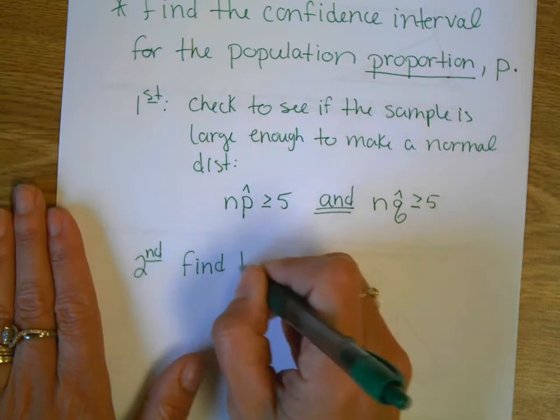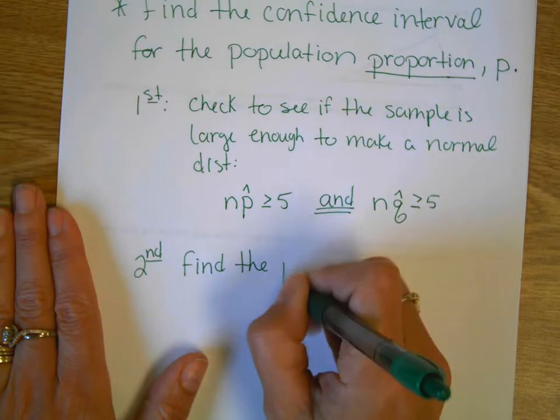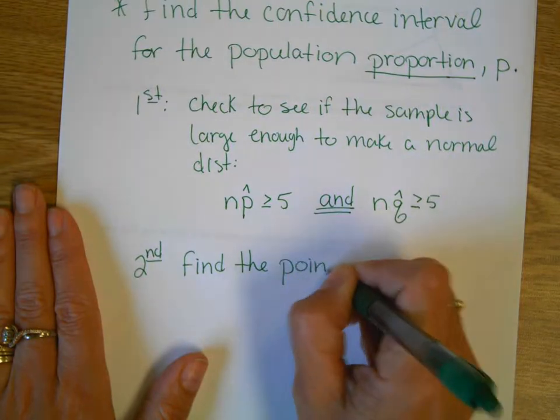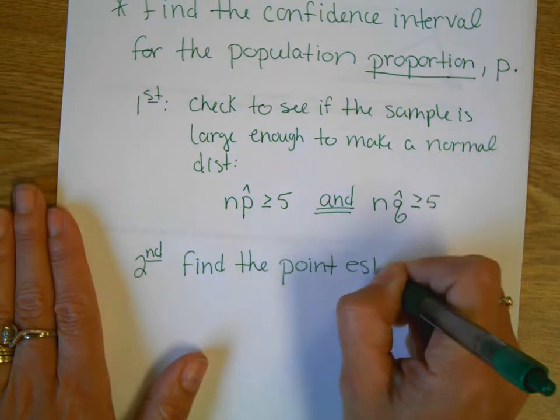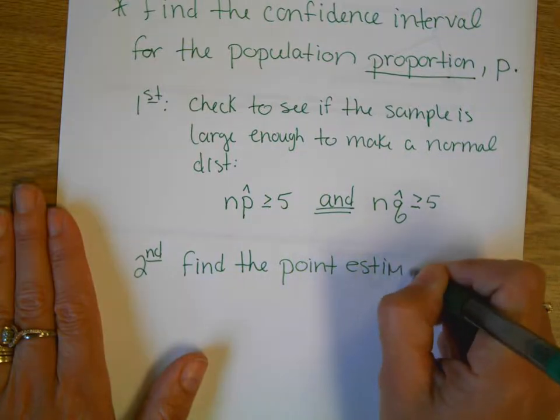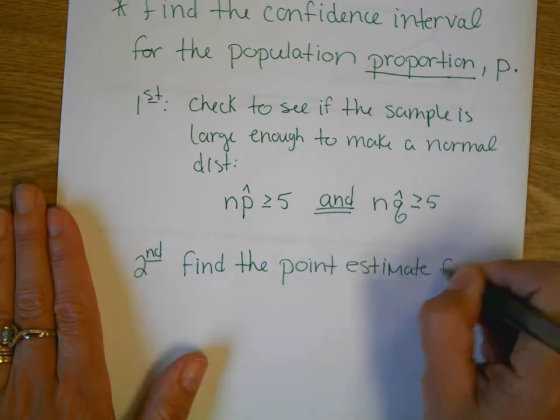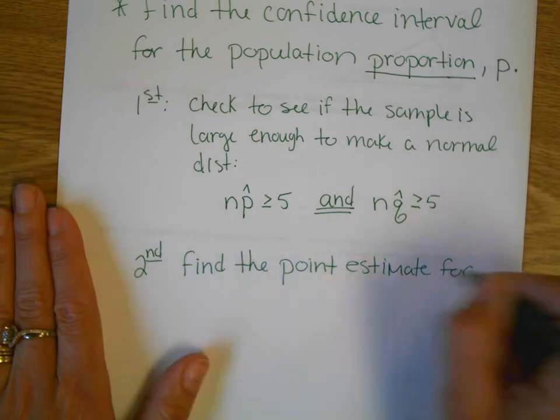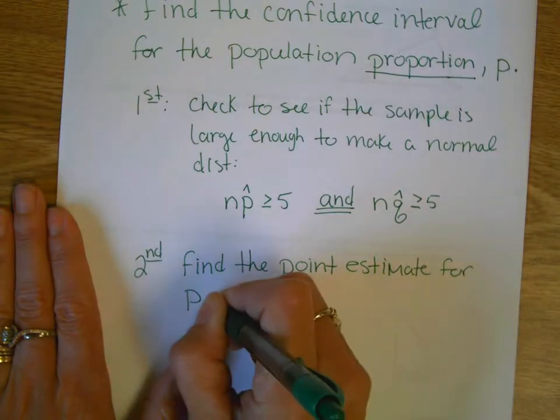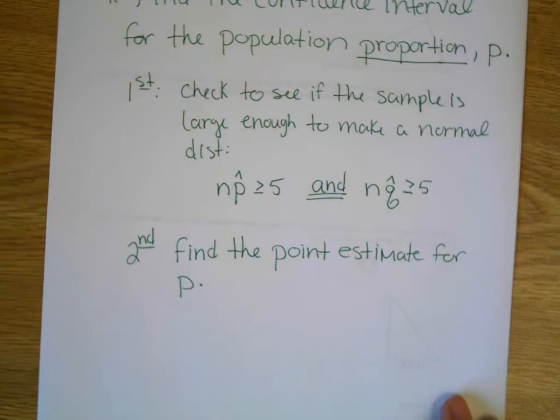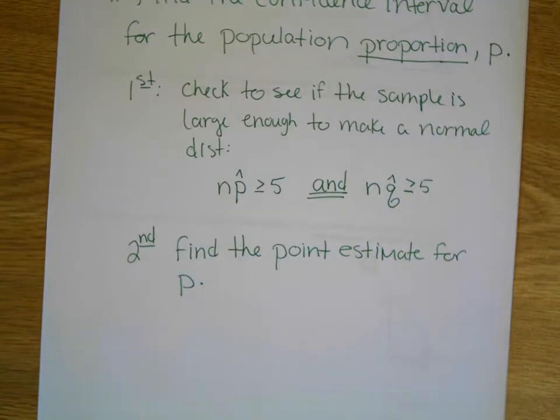Find the point estimate for P. Remember, when we were doing the mean, the point estimate for the population mean was our sample mean.